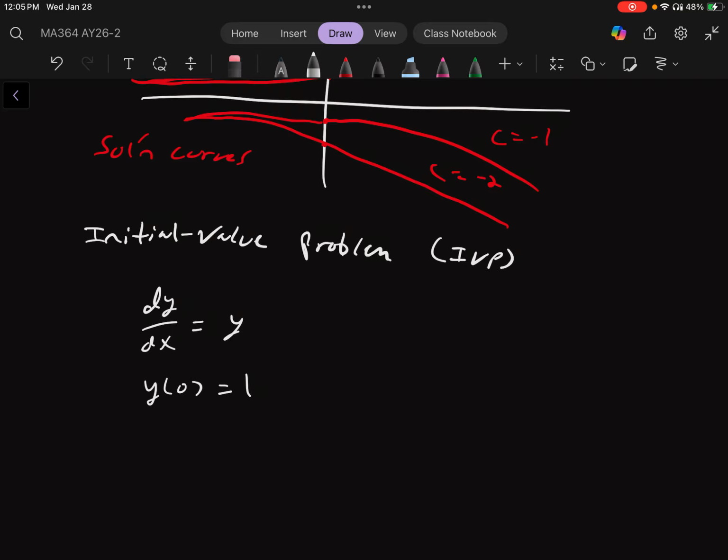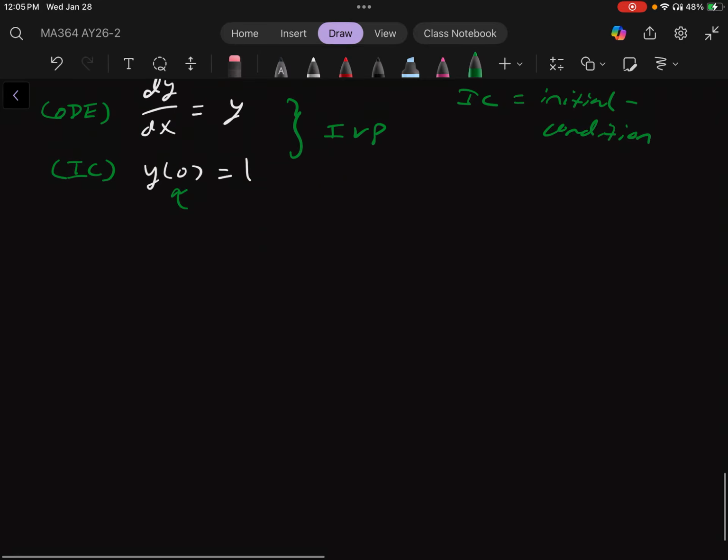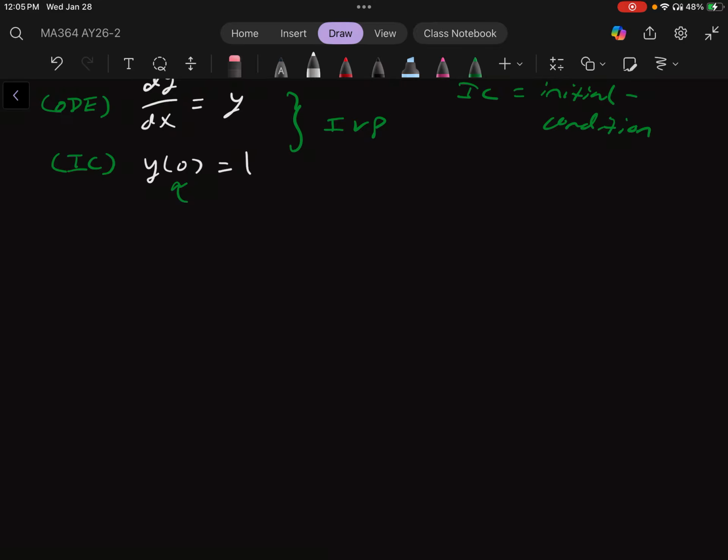So notice that this is an ODE, and this is what we call an initial condition. It's initial because the first value you're plugging in is 0. This as a whole is called an IVP, an initial value problem. And what it does is it allows us to pick one of those solution curves.